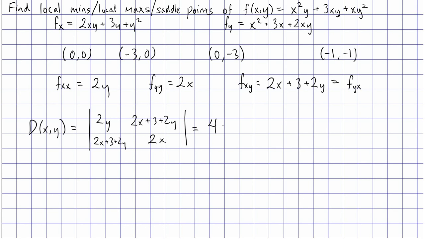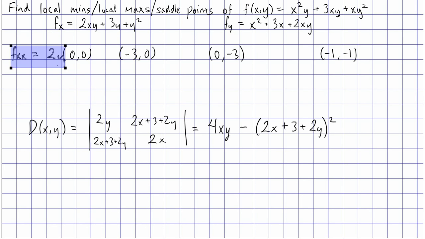We'll have 4xy and then minus, and here let's not worry about simplifying, just write this as 2x plus 3 plus 2y quantity squared without using the distributive rule at all. So there's our function capital D, and we're done with the use of these functions, though we should hold on to fxx just in case, so let's leave that up here somewhere.